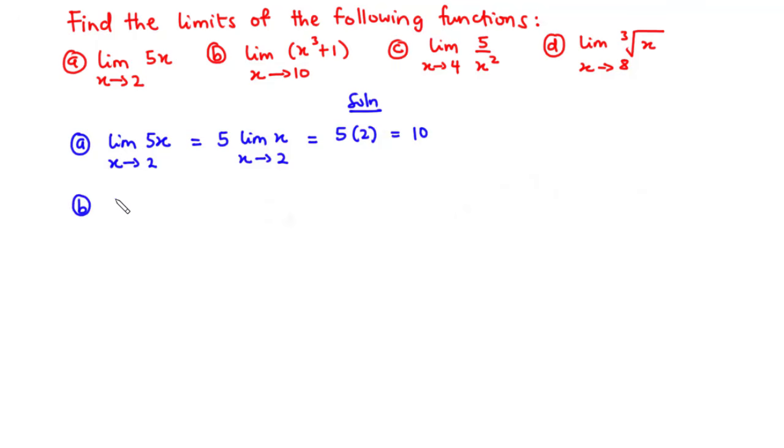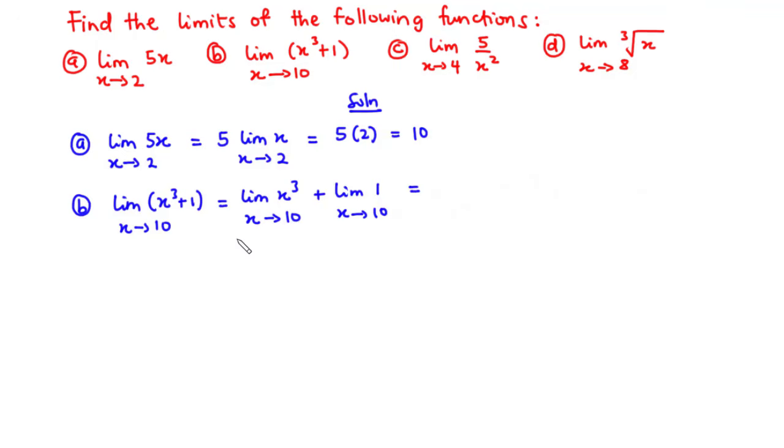Now let's move on to B. That is the limit of x cubed plus 1 as x approaches 10. Now we can express this as the limit of x cubed as x approaches 10 plus the limit of 1 as x approaches 10.